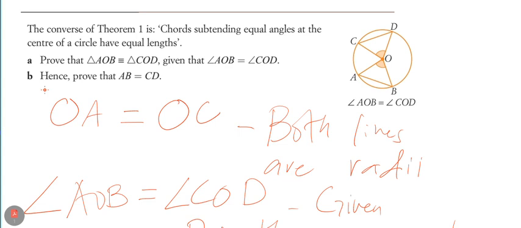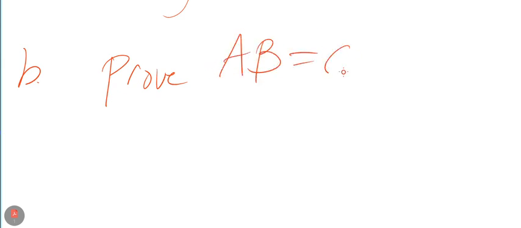Moving on, we're going to prove that AB is equal to CD. Let's write that down: this is the second part, part B. So we're going to prove that AB is equal to CD.